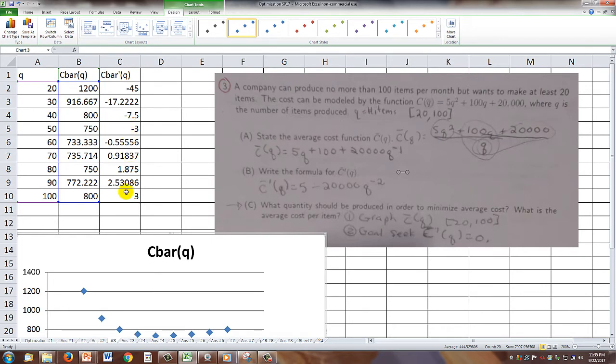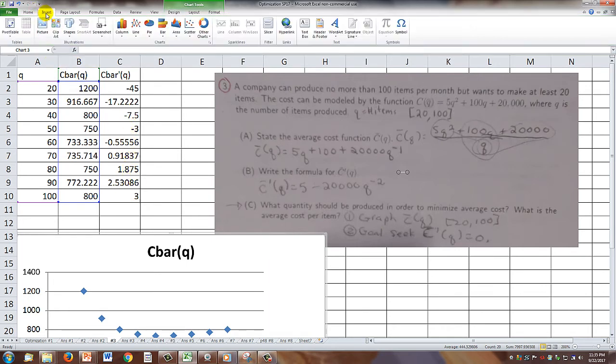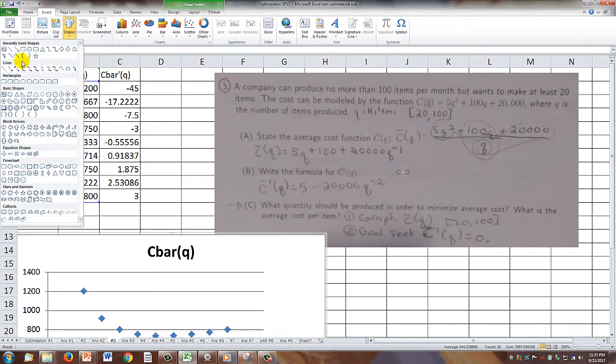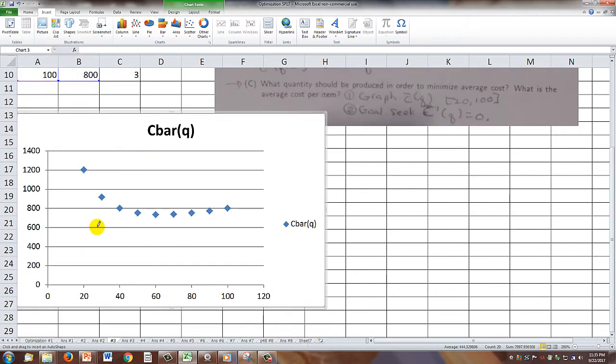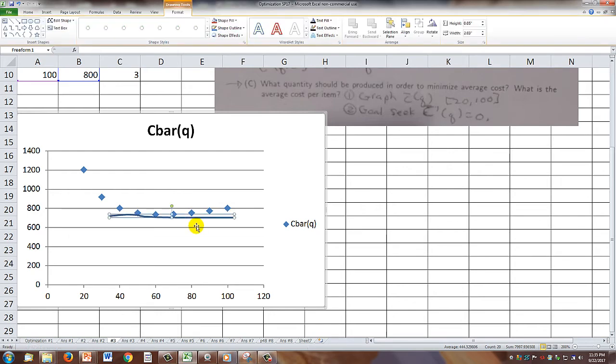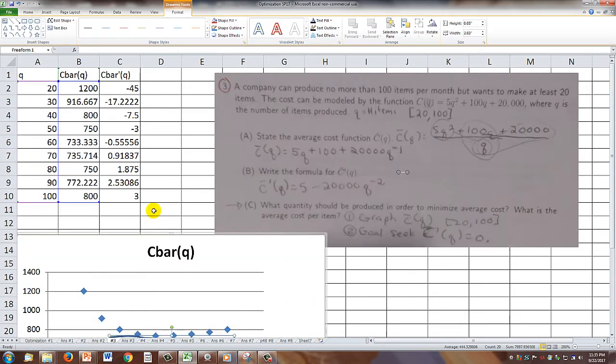So that's going to happen, again, if you connect the dots here, we know a minimum occurs when the tangent line at the minimum is nice and horizontal. So that's why we are going to goal seek the derivative to 0.